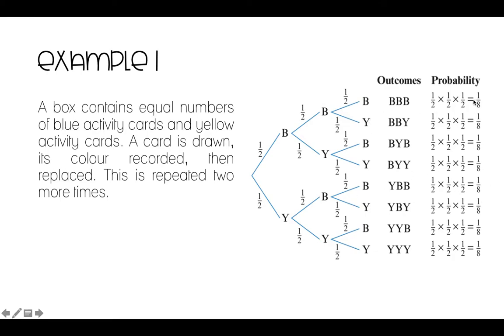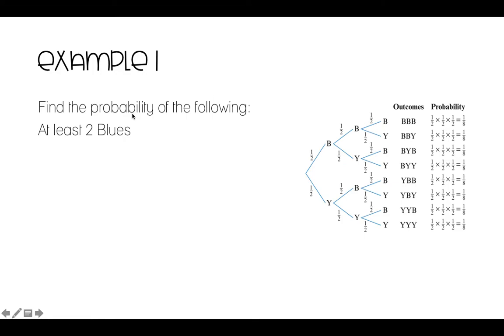So in this case, each one is 1/8 because there's an equal chance of getting either a blue or a yellow card. Okay, so let's find the probability of a couple of things, but let's start with at least 2 blues. So in this case, let's highlight, circle, whatever you want to do, anything with 2 blues. So here these have at least 2 blues. So it can be more than 2 blues, but can't be less.